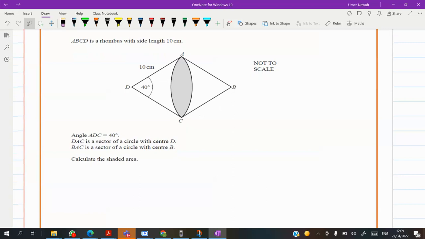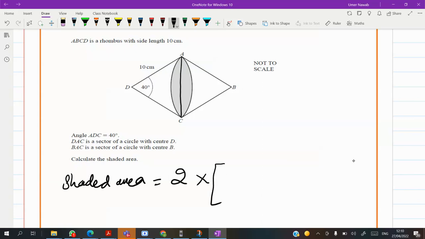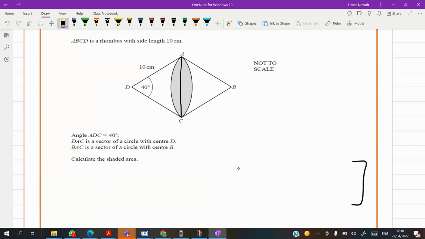So I want to find the shaded area. So two times, or if you don't understand it, just show it to the examiner that I'm finding this area.